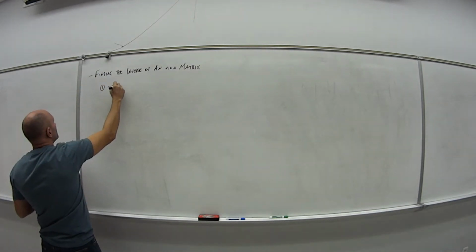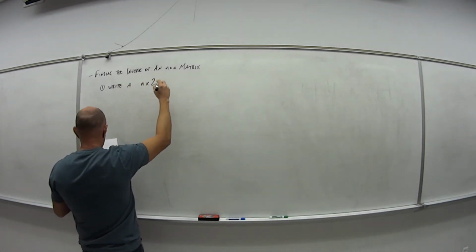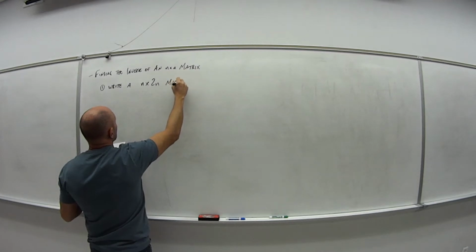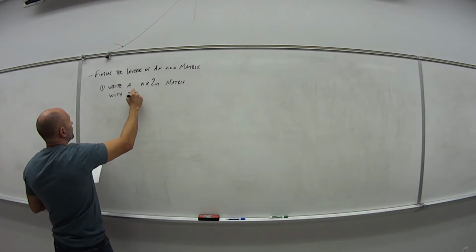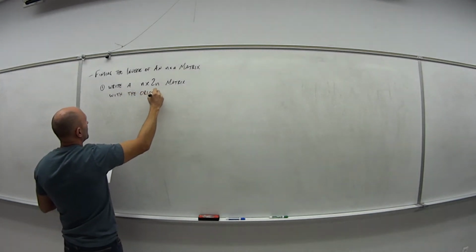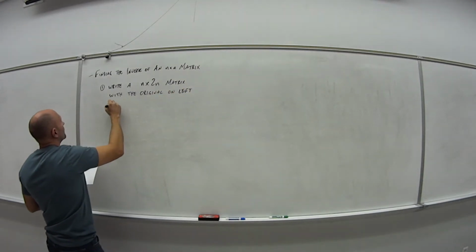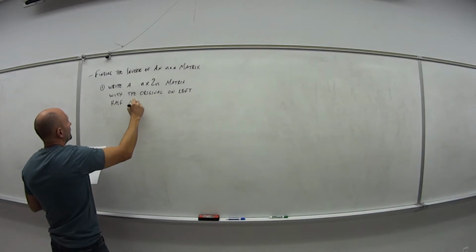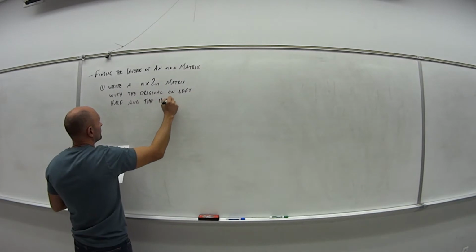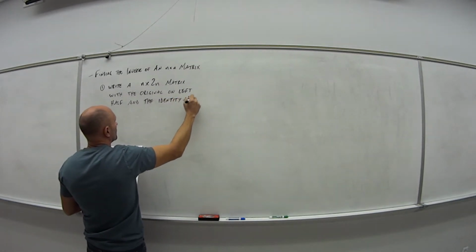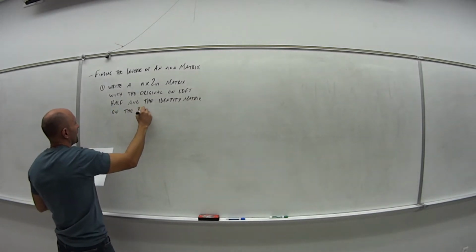We write an n by 2n matrix with the original on the left half and the identity matrix on the right, or the right half, I guess I should say.